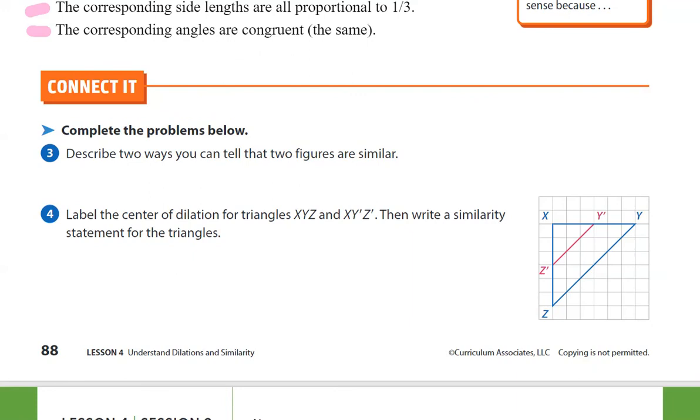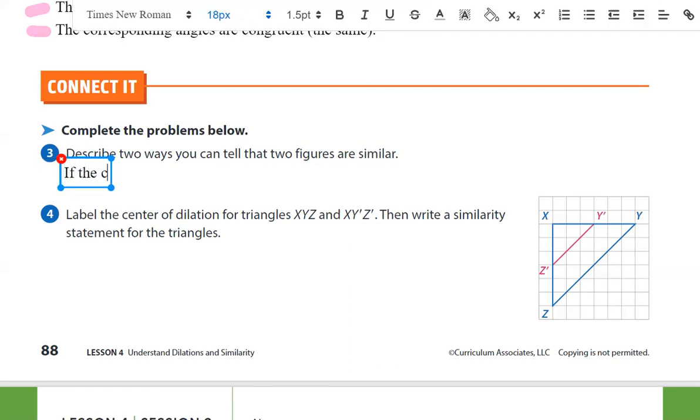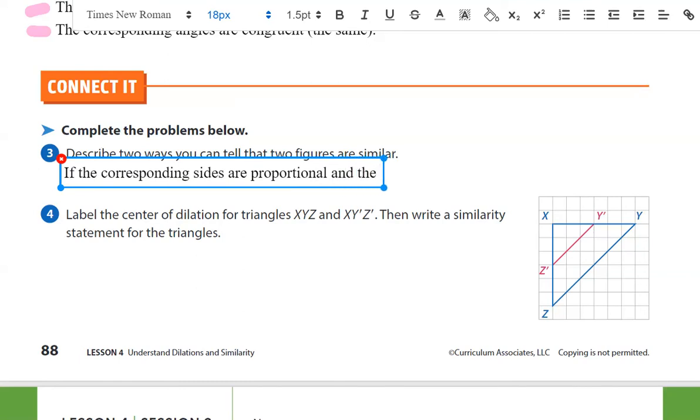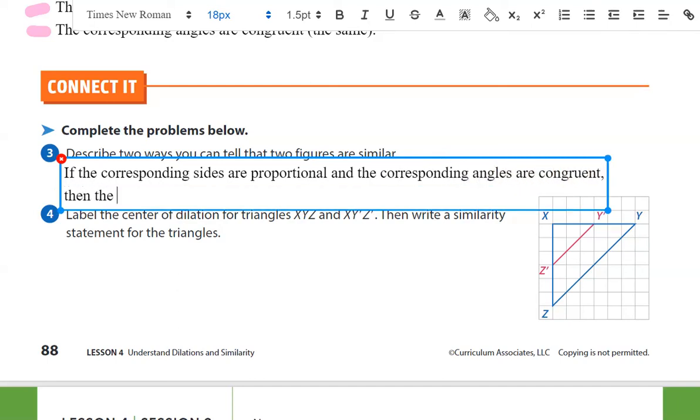I'll put it in my text tool again. If the corresponding sides are proportional and the corresponding angles are congruent, then the figures are a dilation of each other, which means they are similar.